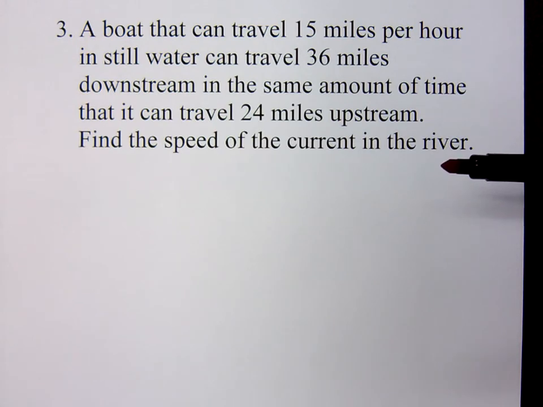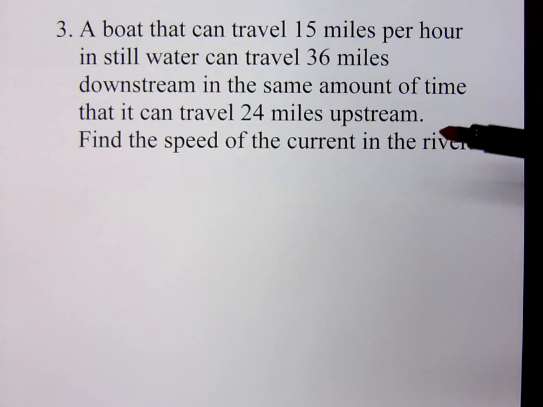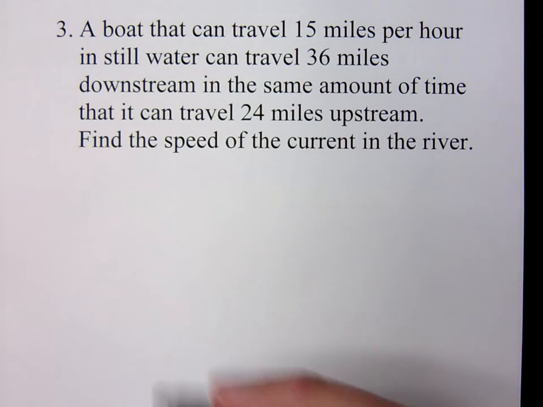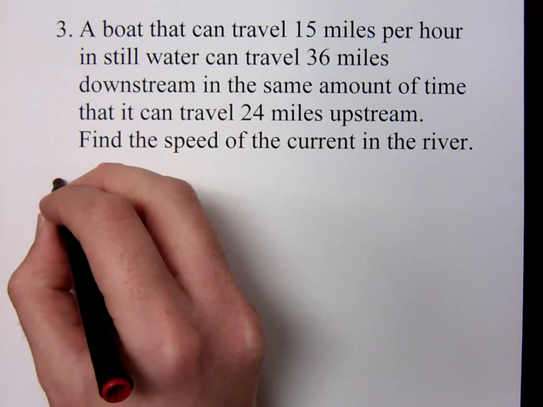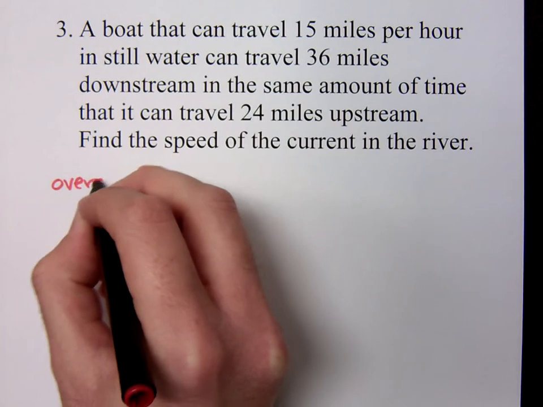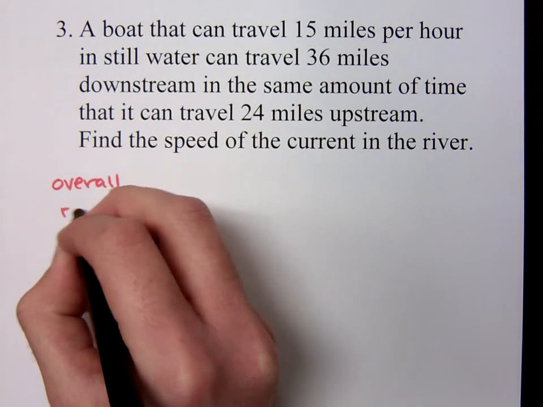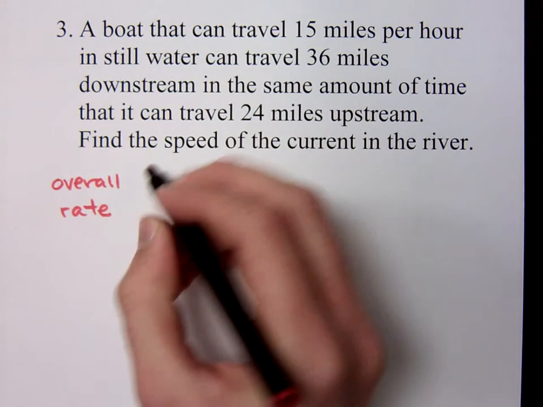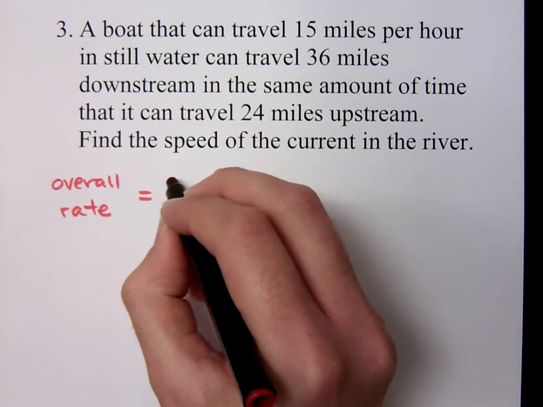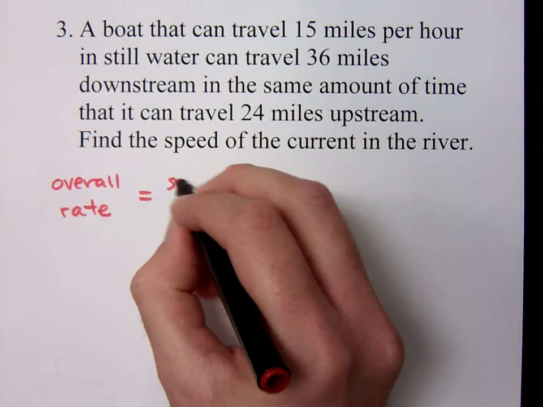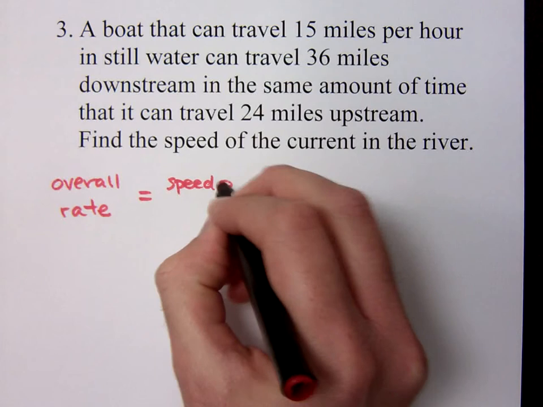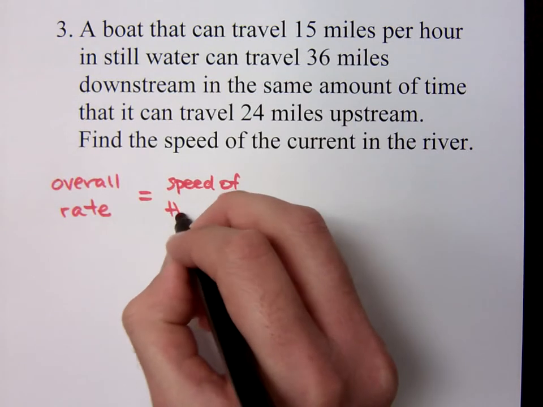But you know about going upstream and downstream, right? You know that if you happen to miss a spot, you've got to paddle against the current going upstream, right? Okay. Now, when you want to talk about your overall rate, your overall speed, your overall rate is going to be the speed of the boat, or speed of the vehicle, whatever it happens to be.